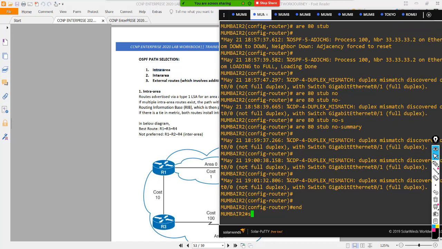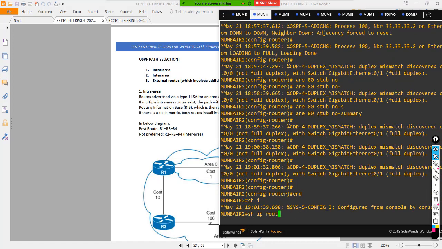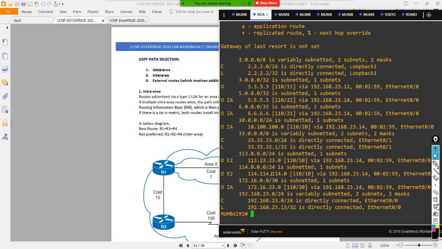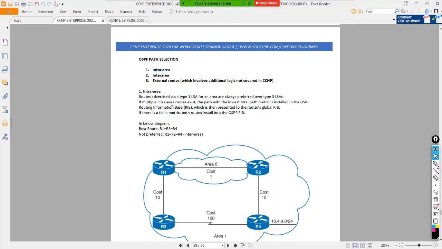If you open up the routing table, you will see a few tags here. IA is nothing but inter area. Inter area is nothing but between two areas. For intra area, you don't need any indications or labels. So O is intra itself.